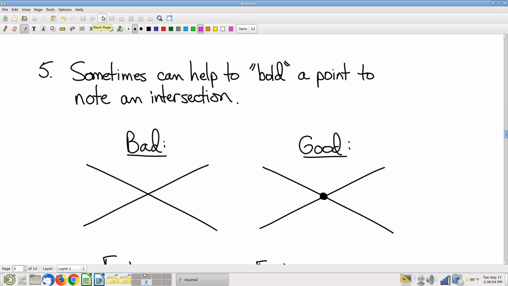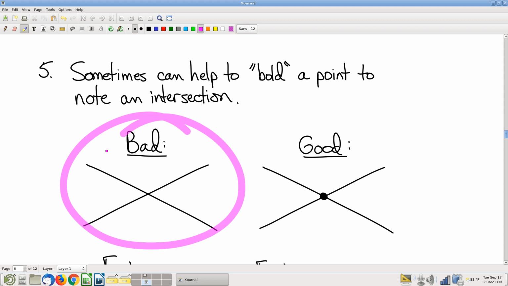Getting into smaller tricks, sometimes it can help to bold a point. Put a little bold dot down there, just as a way of noting that a couple of things are actually intersecting. So, for example, you look at this figure that I have here, and you can tell that I'm drawing a couple of lines, but based on how it's drawn, how do you know if maybe this line is in the front and this line could be sort of in the back underneath it?